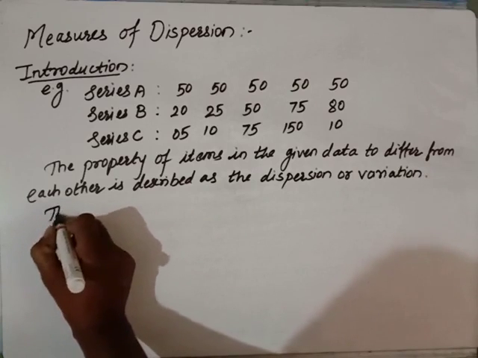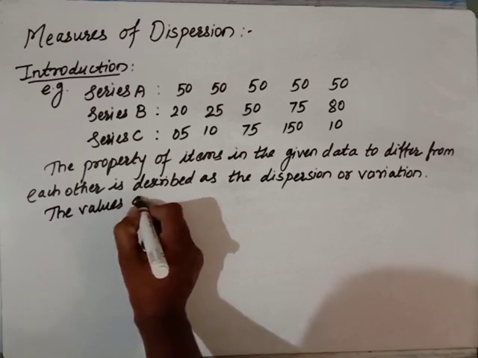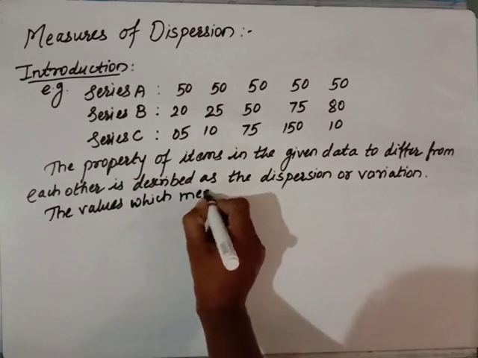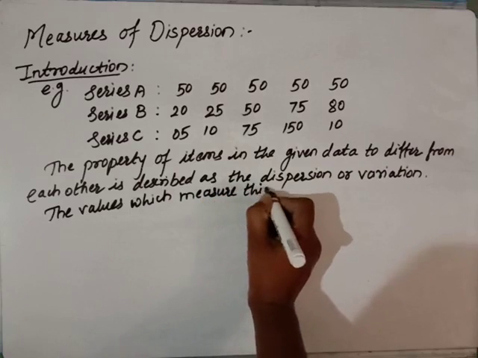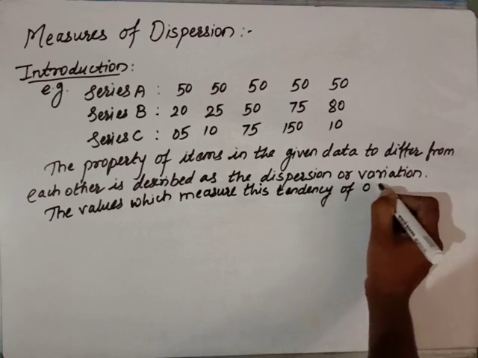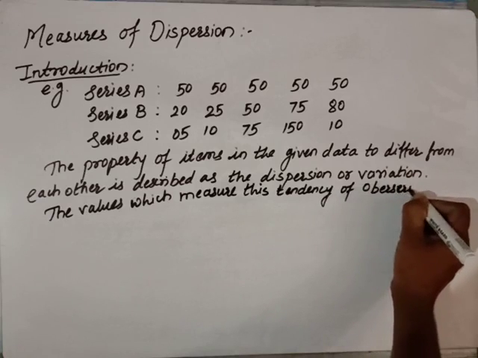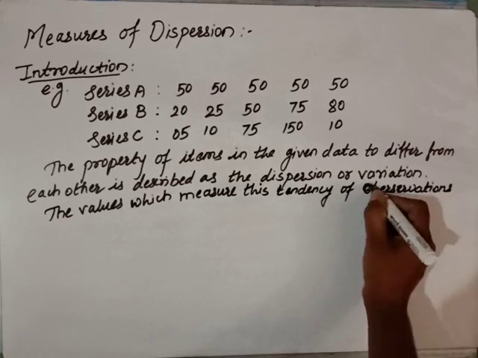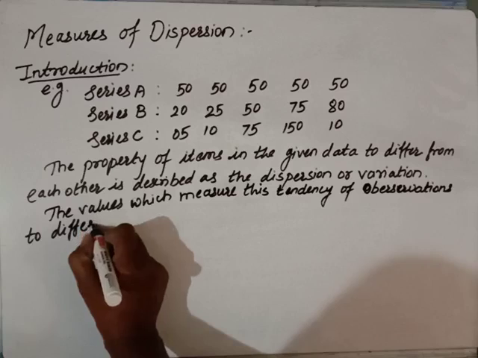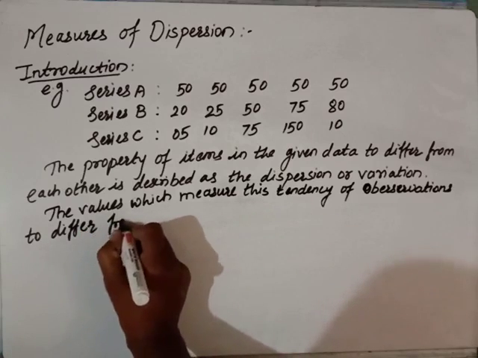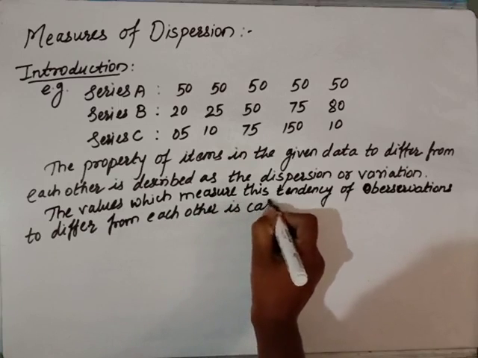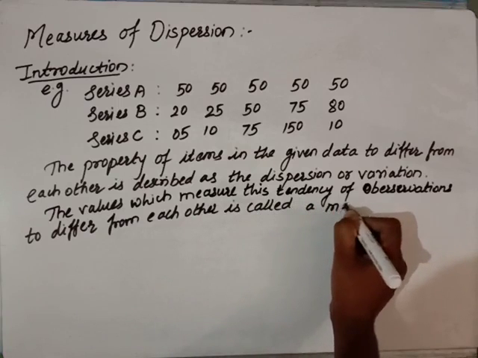Now the values which measure this tendency of observations to differ from each other are called a measure of dispersion.